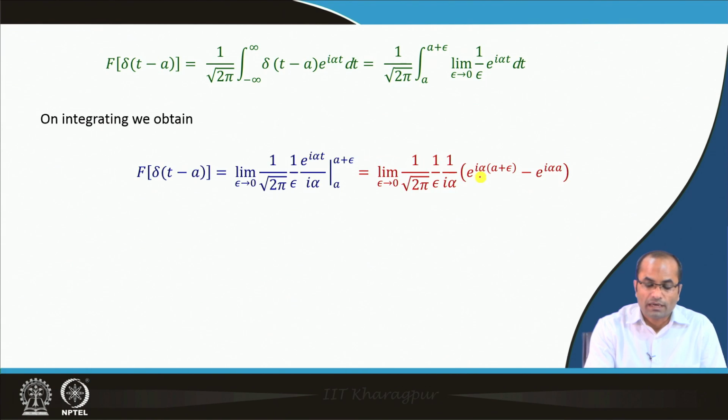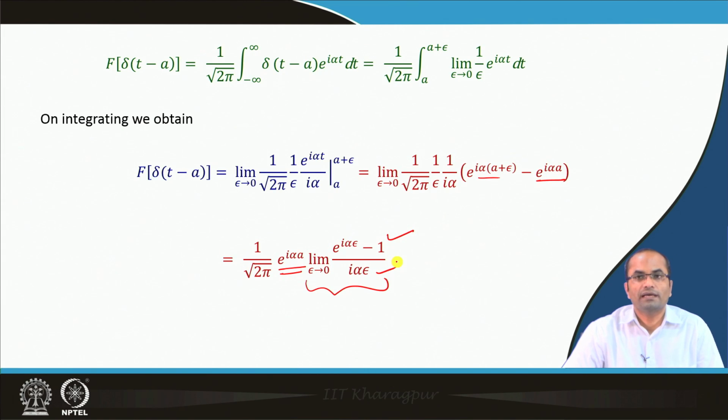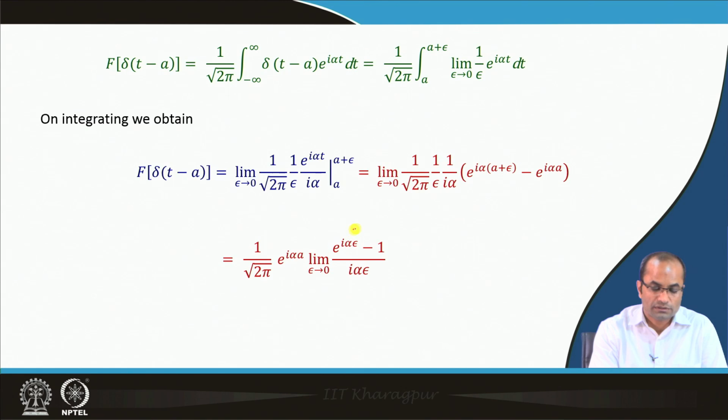So, now e power I alpha a is common at both the places. So, we can bring this out e power I alpha a, and then we need to compute this limit as epsilon goes to 0, e power I alpha epsilon minus 1 divided by I alpha epsilon. And now, here in this case, this is going to 1 minus 1, and then that is 0.